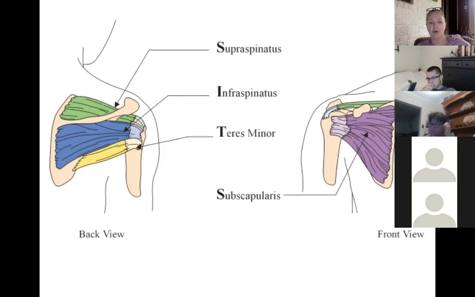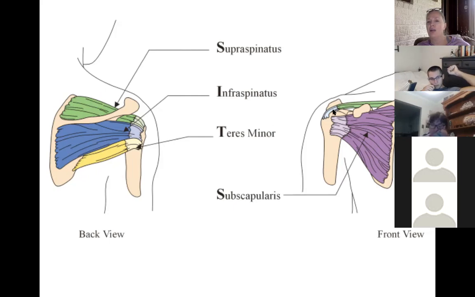And you see how they come across and form a little cuff of their tendons right around the top of the humerus. And then from the opposite side, okay, the underneath side of the scapula, you have your subscapularis, okay, just forming the back side all along that smooth surface of the scapula.